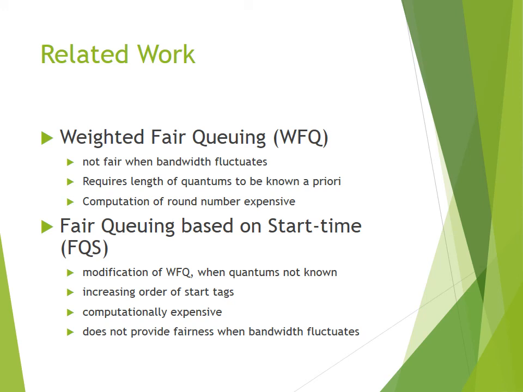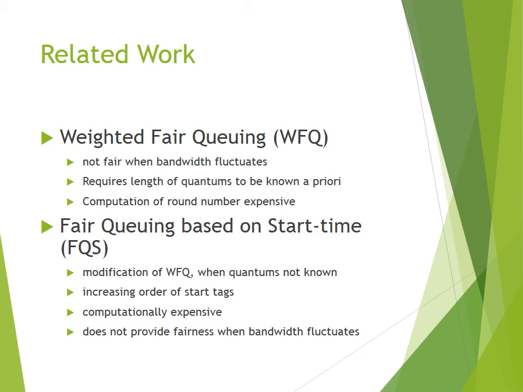But it's not fair when bandwidth fluctuates, and it also requires the length of the quantum to be known per thread. The computation of the round number is also expensive.